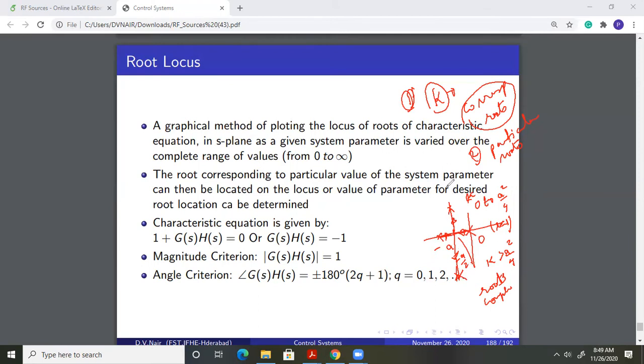As k goes on increasing, the corresponding two roots keep on shifting along this vertical line. So for all values of gain k, here the system will remain stable. We know if roots enter the right half of the S-plane, that indicates an unstable system. The response will be unstable.